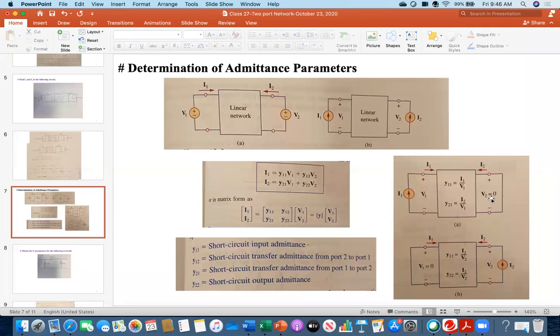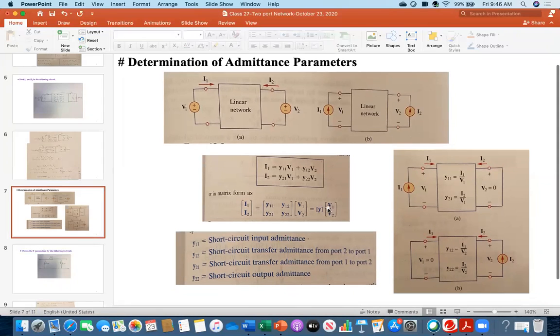Now everybody see, when you will be finding Y11 and Y21, you will be making the right side port short. This means V2 is 0. So if you make V2 0 in the equation, you will be getting Y11 as I1 over V1 and Y21 is I2 over V1.